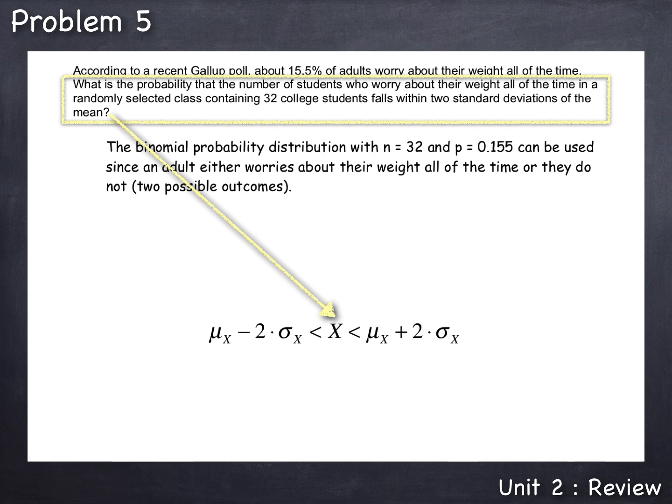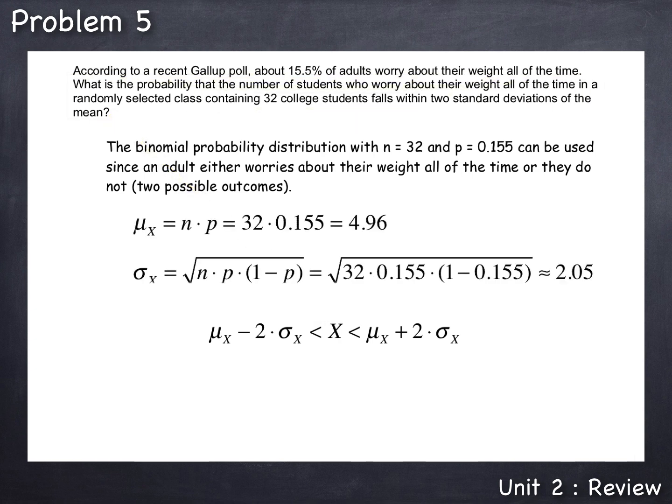To get the values of this interval, we need to calculate the mean and the standard deviation for a binomial distribution. Now we know that the mean mu for a binomial is equal to n times p. So when you take the n of 32 times the p of 0.155, we get 4.96 for our mean.